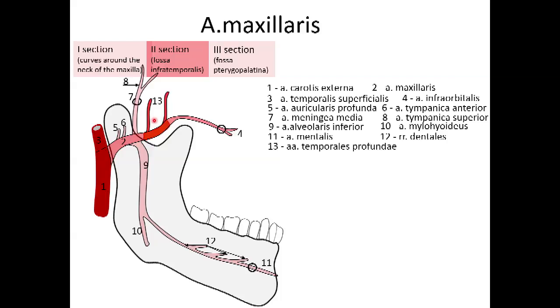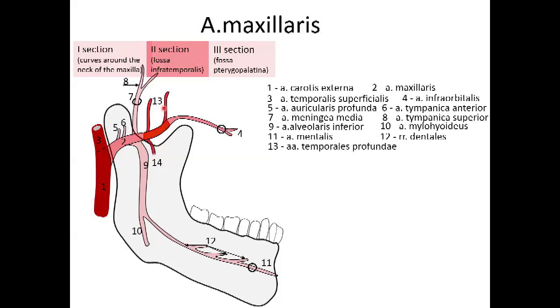So if arteria temporalis superficialis supplies skin and soft tissues under the skin, arteria temporalis profunda, number 13, supplies the musculus temporalis. So it's a different aim.